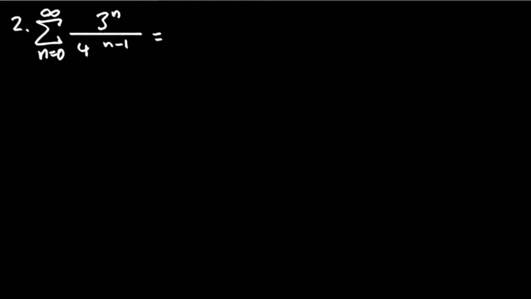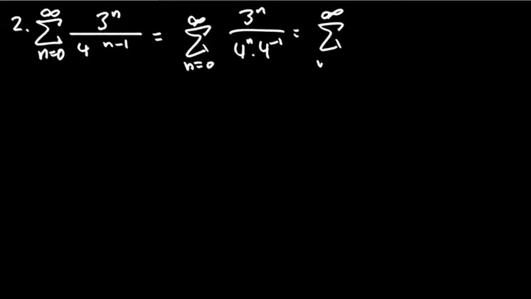Yeah, let's do that. With n equals 0, that'll be this. So that's 4 to the negative 1 power, which is 1 over 4, so then that'll basically just be 4 times 3 over 4 to the n power.